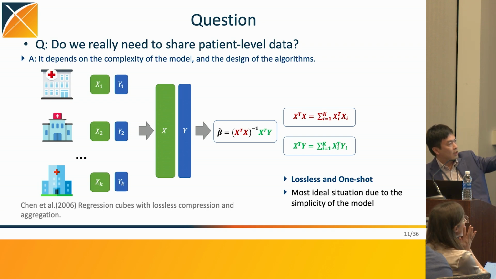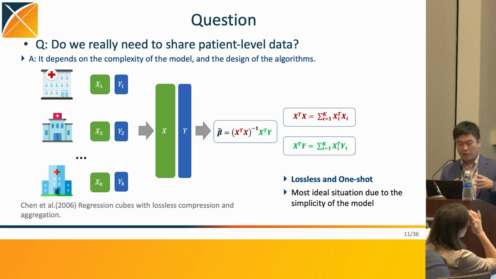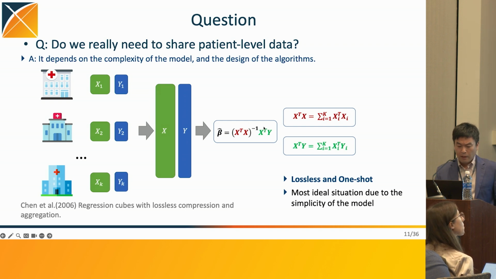We just want to run this linear regression model. Ideally, if you can pull patient-level data together, there is an estimator called the ordinary least square estimator, this guy, right? If you can pull the data together, it turns out that this guy can be losslessly reconstructed by sharing a simple vector and a matrix.